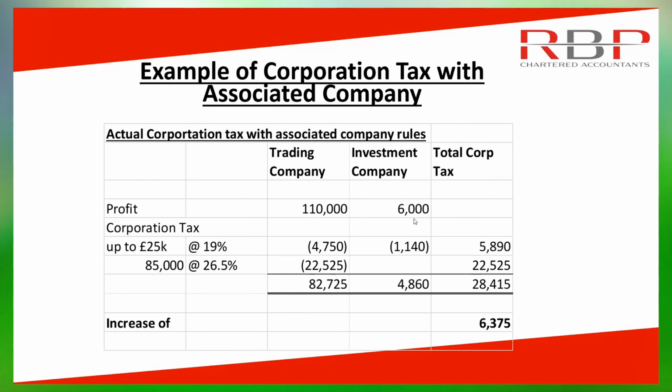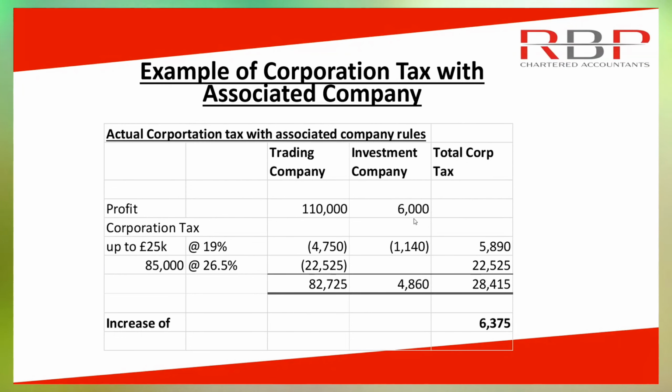So the first 25,000 in each company is taxed at 19%. Then in his trading company, he's got 85,000 being taxed at 26.5%. His investment company has only got £6,000 of profit, so that's all taxed at 19%. So his total tax is actually 28,000, an increase of 6,000.